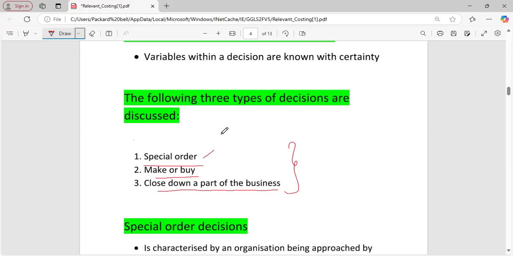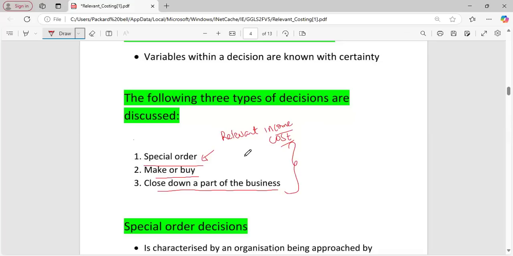You look at the relevant income, incremental income and incremental cost. If the incremental income is more than the incremental cost and is going to increase revenue for the organization, then you ought to accept the special order.